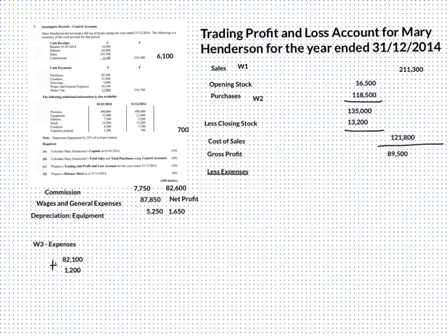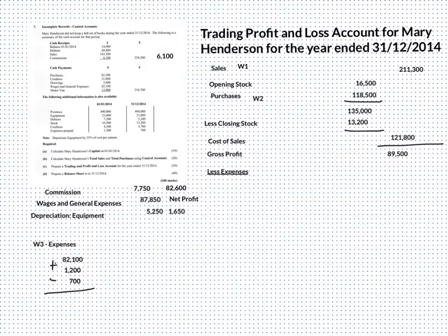And then we need to take our expenses prepaid at the end of the year, so the 700, and we subtract this figure. So you have 82,100 plus 1,200 less 700 leaves us with a total of 82,600.